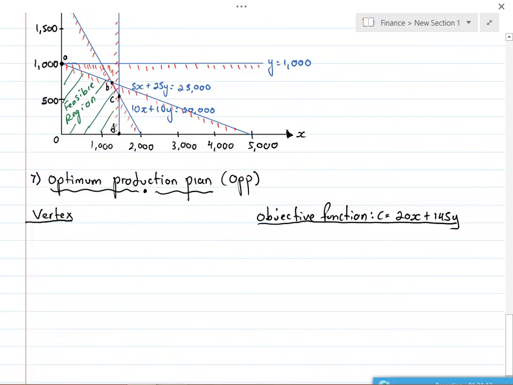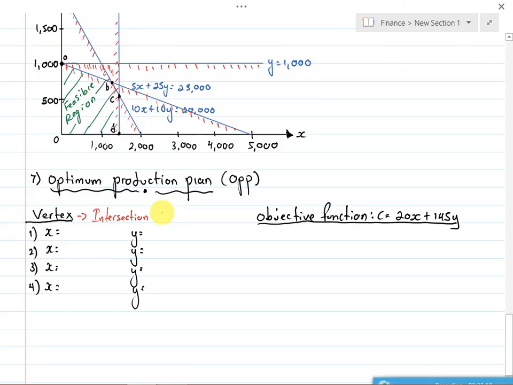So here we're going to find how much your x is. One, two, three, four. How much your x? And how much your y? Now, what is meant by vertex? That is called intersection point.